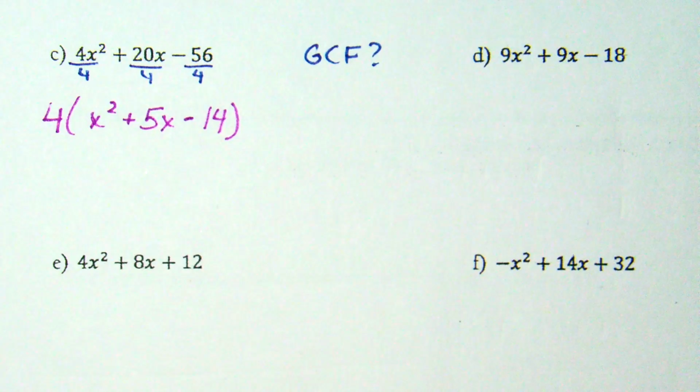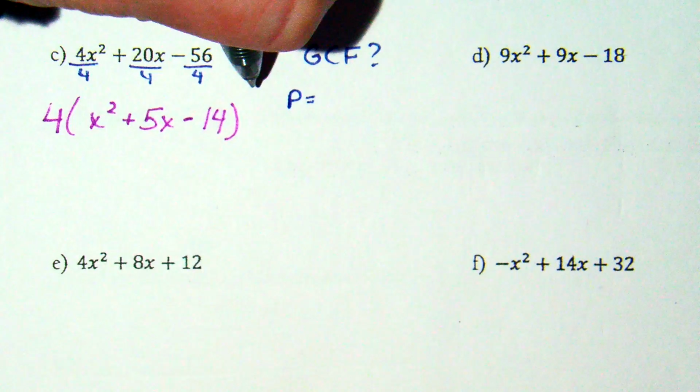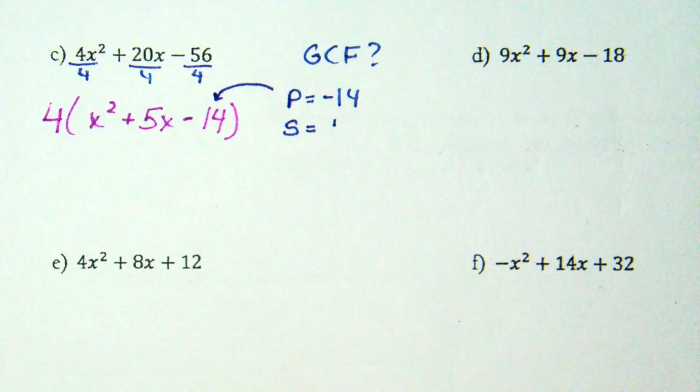So, with that in mind, if it factors, we would have to have 2 numbers that give us a product of what? Negative 14. So I need 2 numbers that multiply to be negative 14 and add to be what? 5.